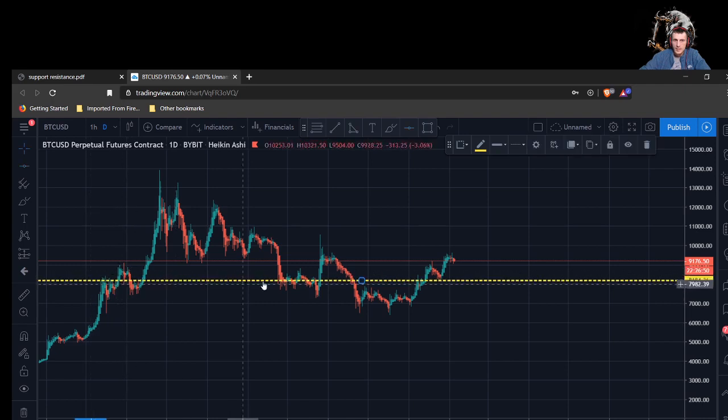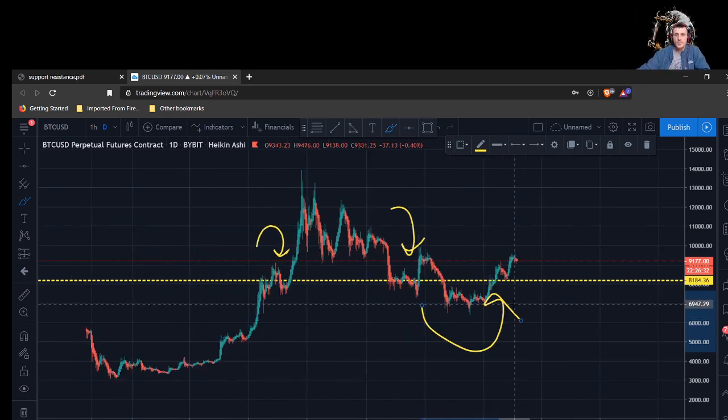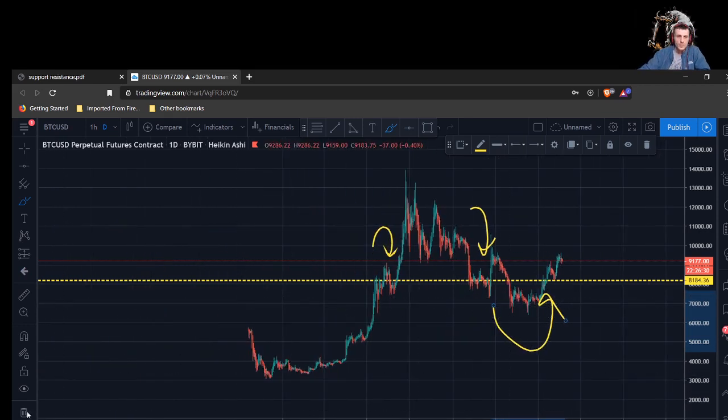Resistance, resistance, support, resistance, turns into support. Let me see here.